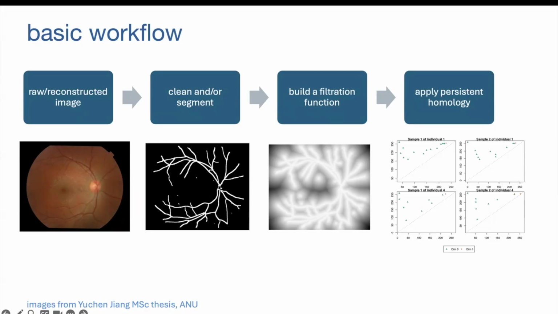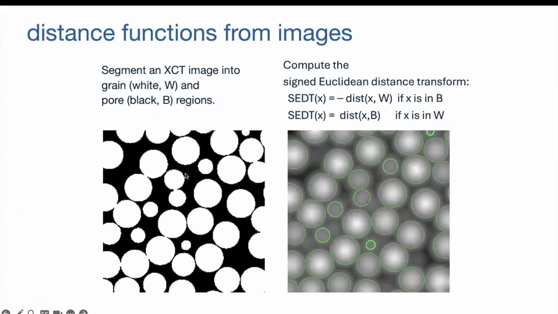And so the favorite tool in my porous and granular materials group was to build something called the signed Euclidean distance transform, right? So signed Euclidean distance transform means I really approximate the Euclidean distance from each pixel to the boundary with the other phase.